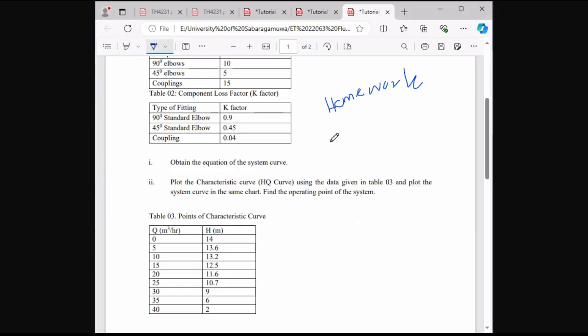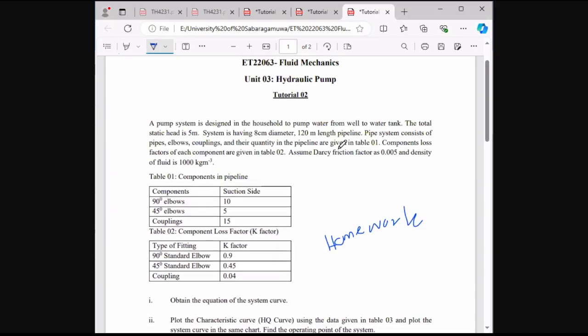Please try by yourself. Next day, I will give an assignment regarding this pump, centrifugal pumps, and probably it will be a take-home assignment.